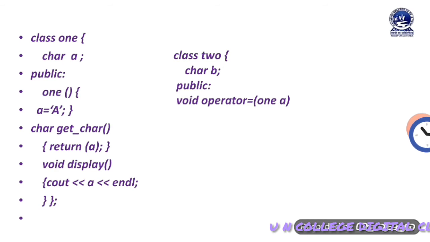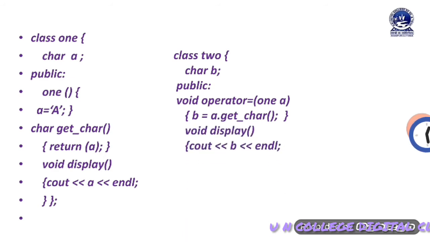Here you can see that we have used operator equal to, and we are just using an overloading casting conversion function here, and inside the function b equal to a dot get char. Here let me complete the program first, then I will explain it one by one. Then in the display method I have used cout b, that's all.